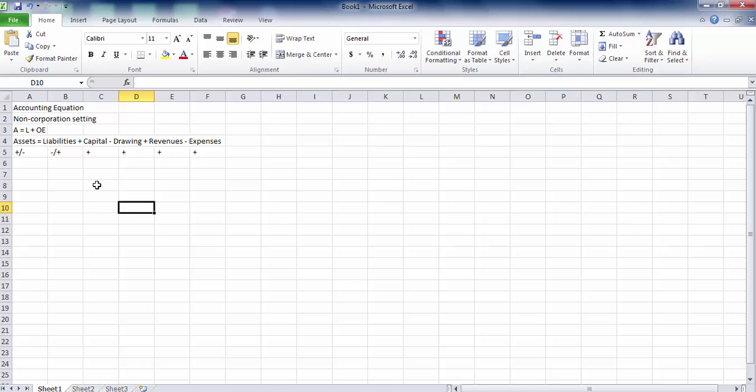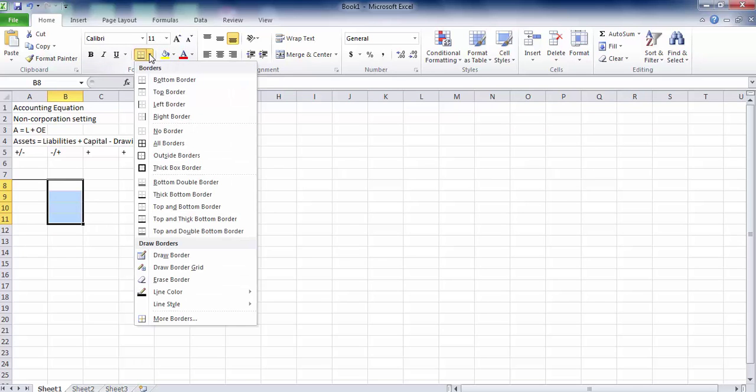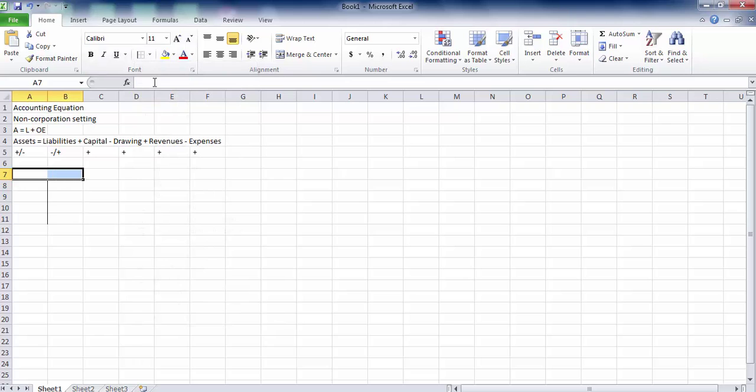So what I need to do right now is I want to create a series of T accounts. Let me just create a general T account right now, just so you can see how it looks. It looks like the capital T. Nothing fancier than that. And what I want you to know is that each T account has a debit side and it has a credit side.